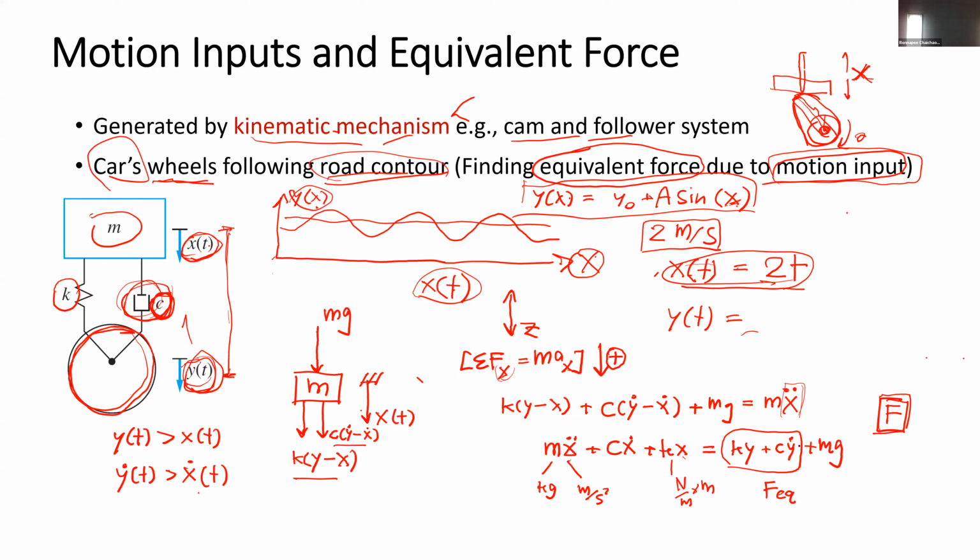The equivalent force due to the input motion of this spring damper system is equal to the spring constant multiplied by the displacement plus the damping coefficient multiplied by the velocity of the motion input. So we can derive the equivalent force from the input motion y.